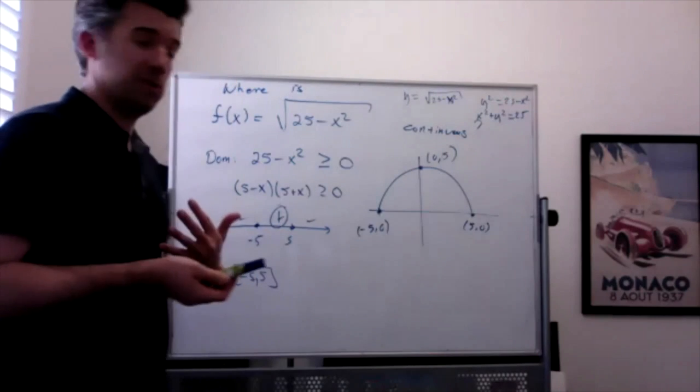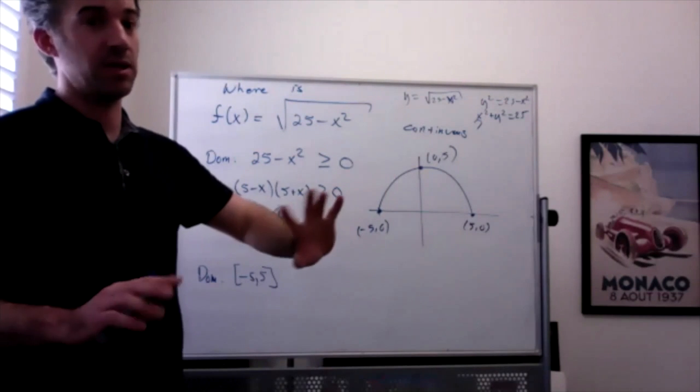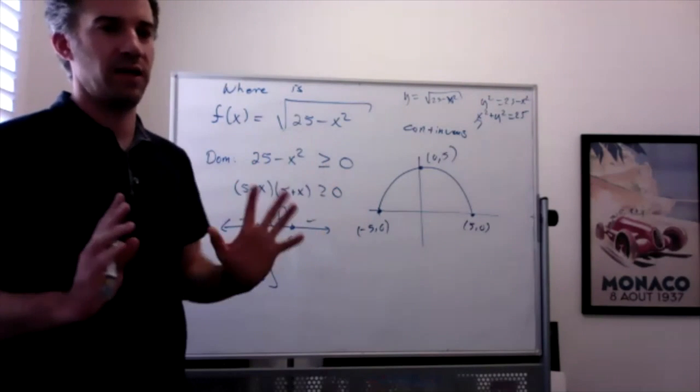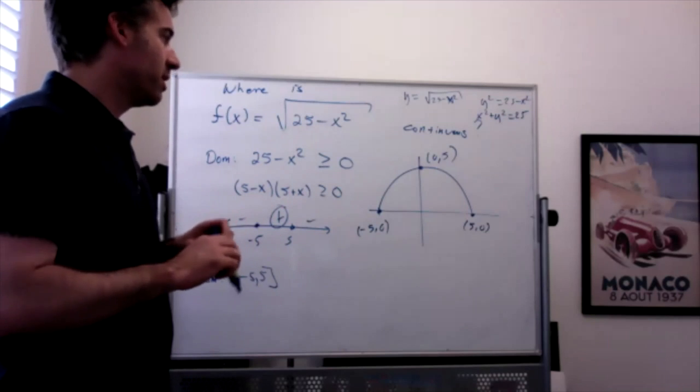And so here's the answer. The answer is yes. This function is continuous at that point, but there's actually a nuanced definition here that I think we need to address. So here's what I would say.